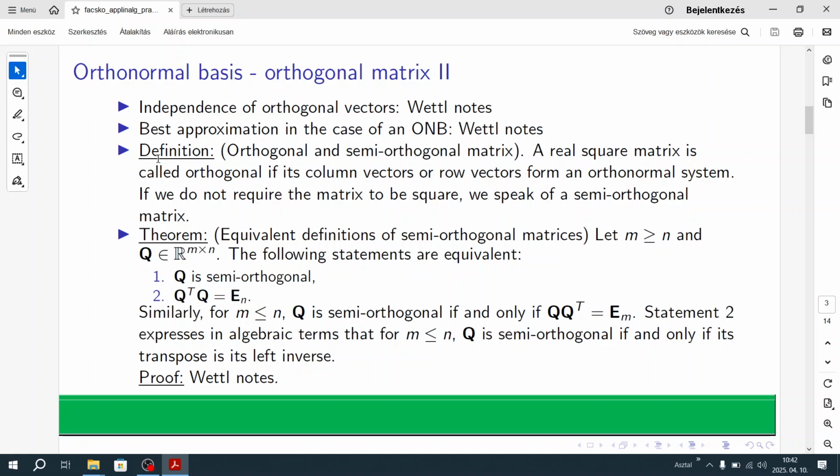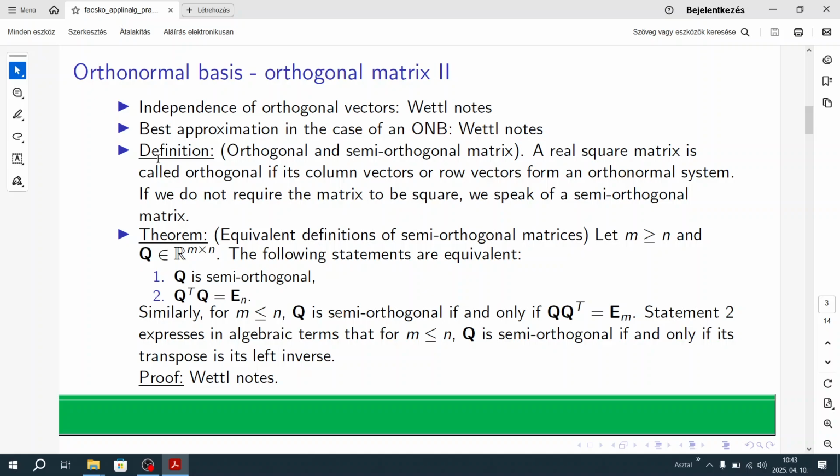There are many examples for this. So if you have your own orthogonal basis, you have this basis, and for example, you made this matrix.